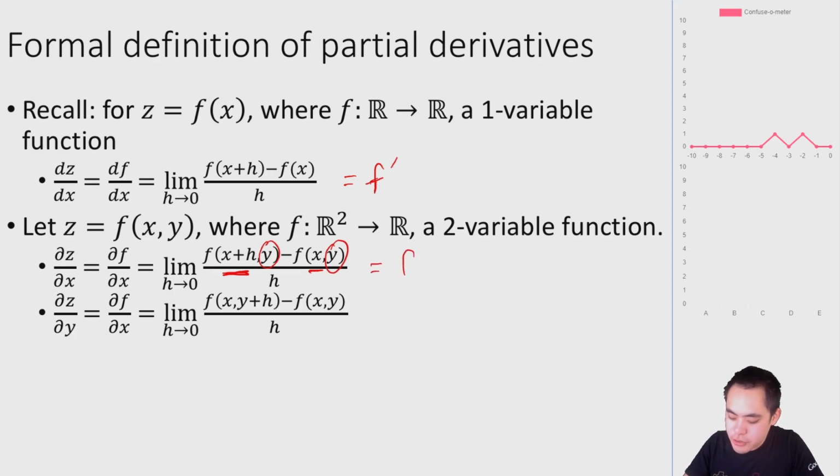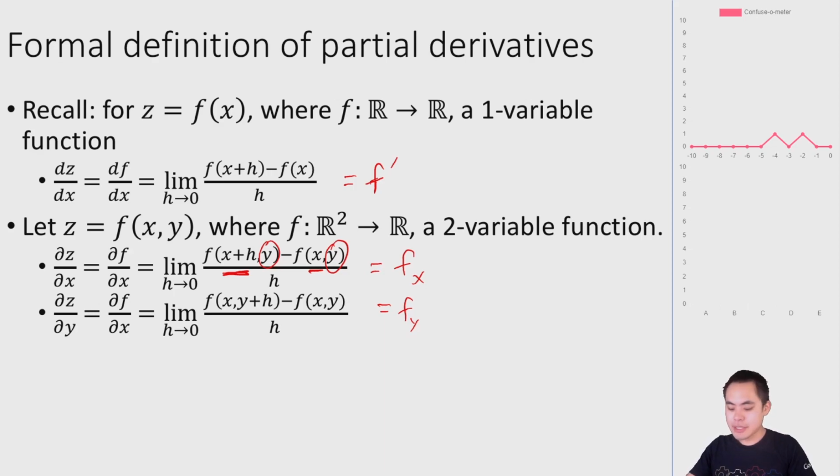We also sometimes label this as f sub x, because it's the derivative in the x direction. You can't use f prime because we don't know which direction we're going when you just use a prime, because we have several different directions. And similarly, here we're holding x constant, and you're taking the derivative with respect to y.